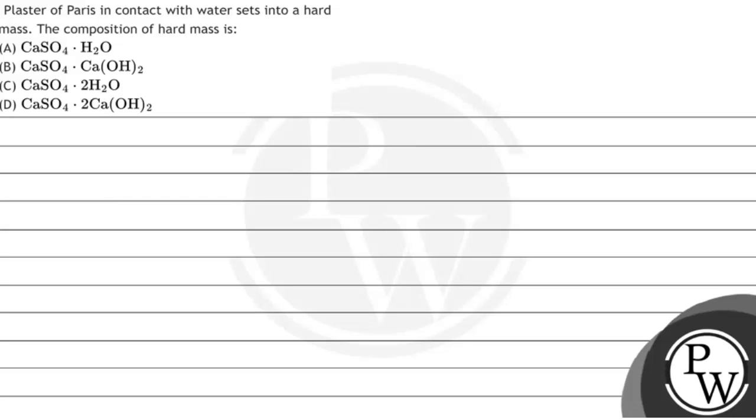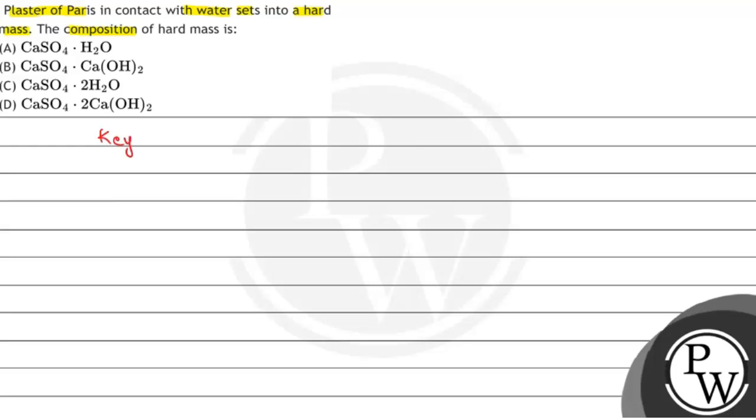Hello बच्चों, let's have a look at this question which says plaster of Paris in contact with water sets into a hard mass. The composition of hard mass is, the options are calcium sulfate dot H2O, calcium sulfate dot calcium hydroxide, calcium sulfate dot 2H2O or calcium sulfate dot 2 calcium hydroxide.